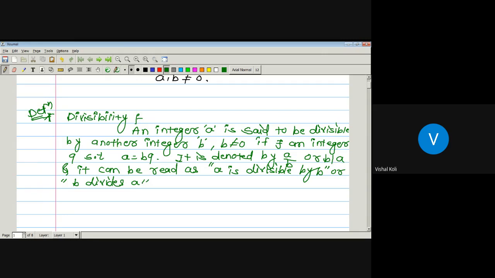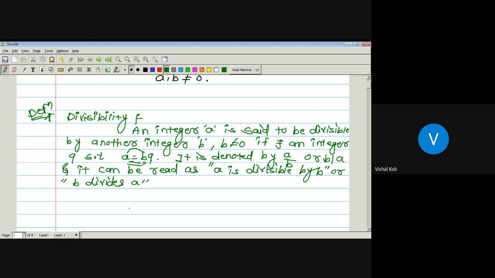So whenever a and b are any two integers, an integer a is said to be divisible by another integer b, with b not equal to 0, if there exists an integer q such that a is equal to b into q. That is, whenever a is divisible by b, a must be a multiple of b, a q times multiple of b.